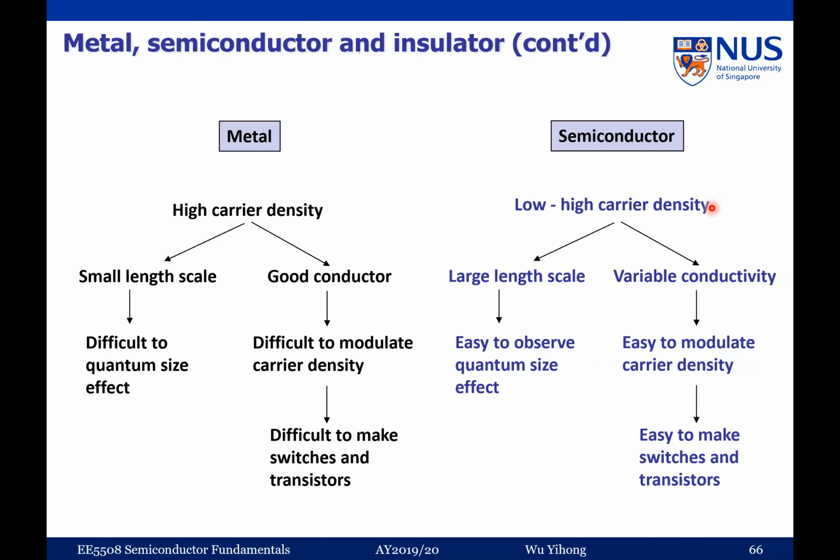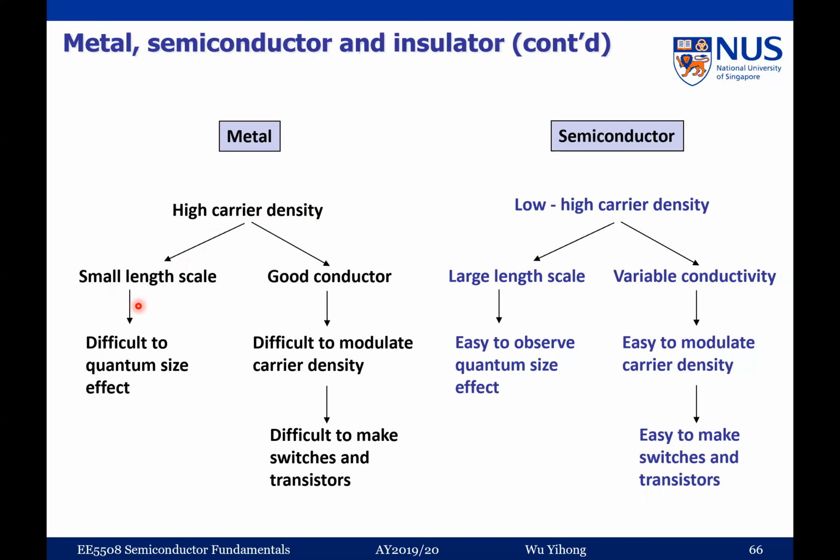That's very important, right? In a metal you end up with a Fermi surface, and electrons on the Fermi surface have a Fermi wavelength, which is just about a few angstroms.